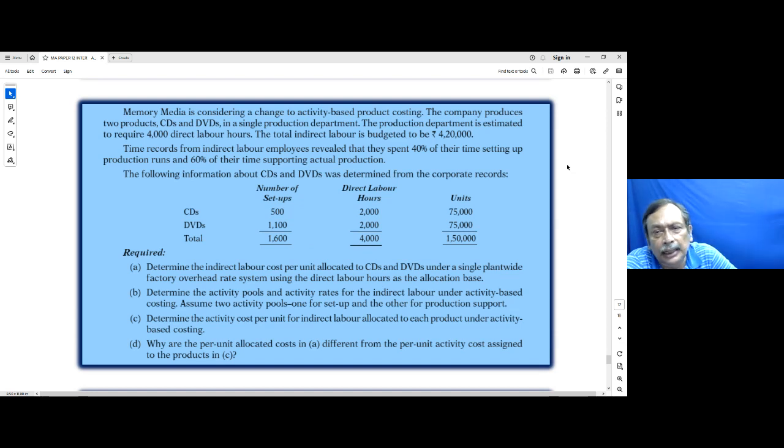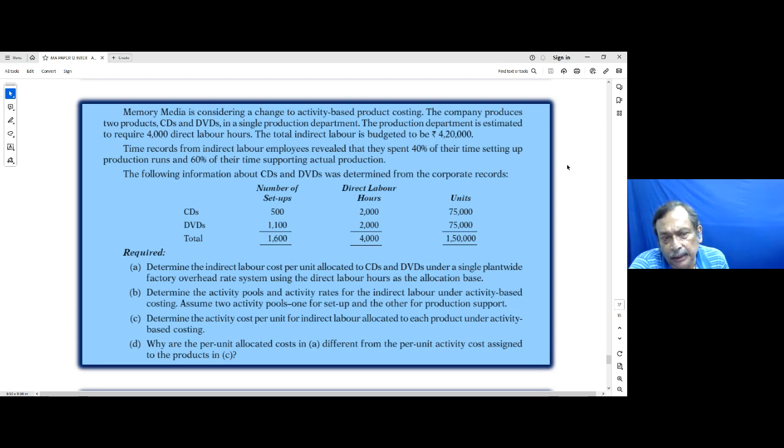The total indirect labor is budgeted to be 4,20,000. Time records from indirect labor employees reveal that they spend 40% of their time setting up production runs and 60% of their time supporting actual production. The following information about CDs and DVDs was determined from the corporate records: number of setups, direct labor hours, units, and totals for CDs and DVDs.